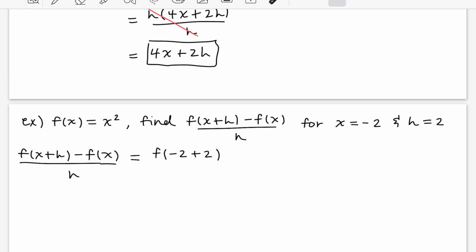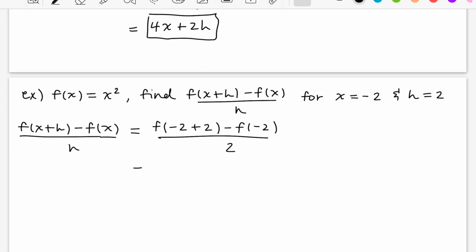Then we have f of x, and x is minus 2, so we have f of minus 2, and then we're given that h is 2, so this is all over 2 here. Okay, simplifying just a little bit, we have f of minus 2 plus 2, so this is going to be f of 0, and then everything else is going to stay the same here. So at this point, it just becomes plugging in these values into our function here.